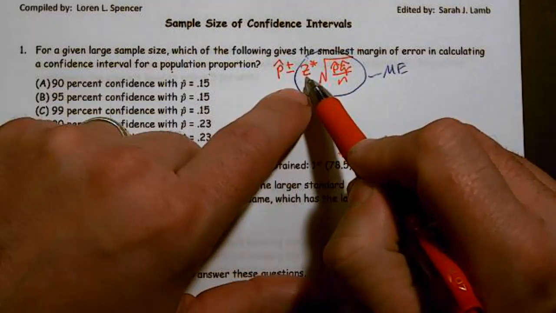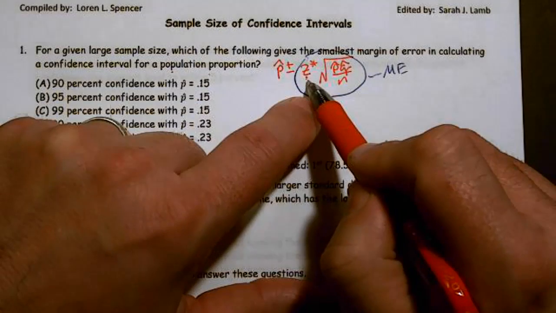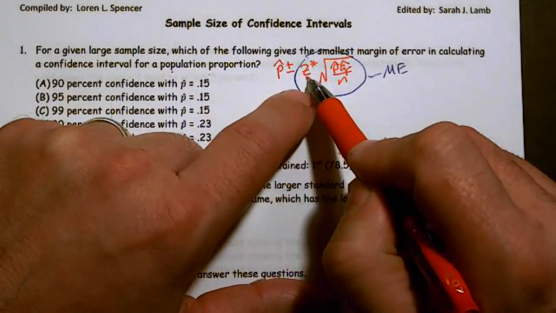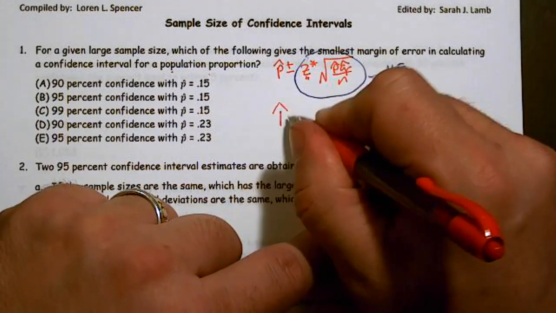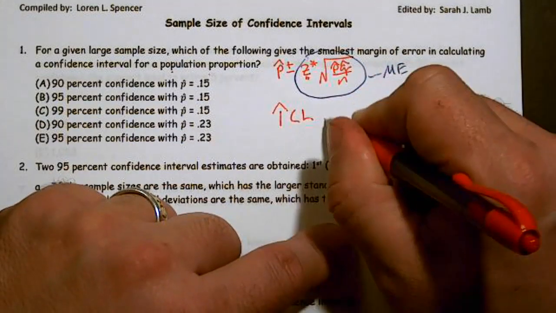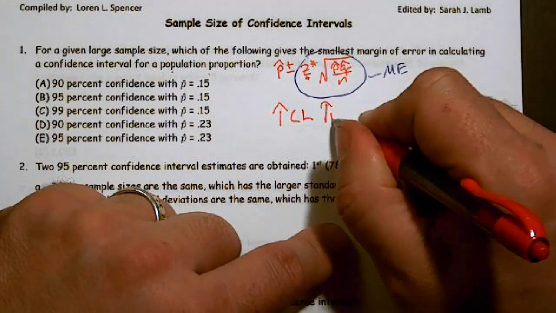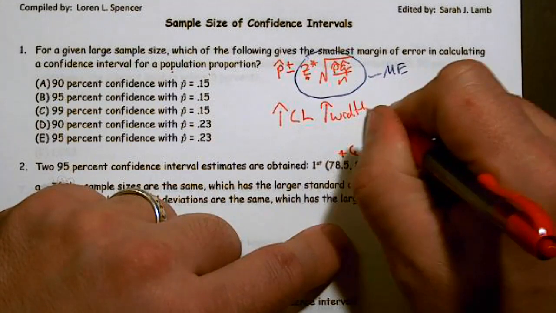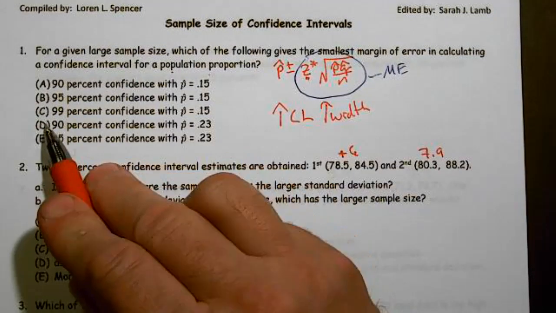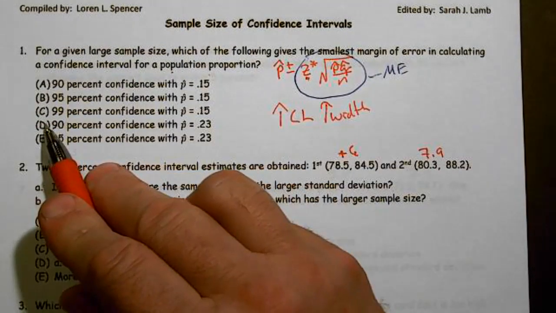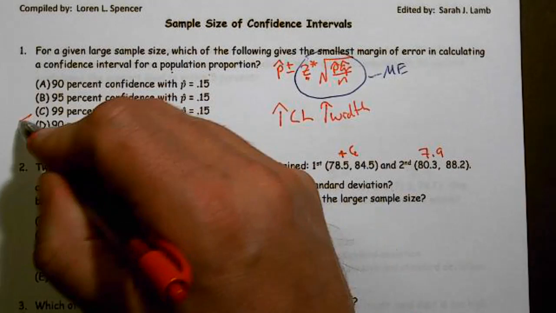Well, z gets bigger, we're multiplying. So the larger the confidence level, the wider the width. So as our confidence level goes up, the width also goes up. So we need to find the answer with the largest confidence level. Well, this one has the largest confidence level, okay?